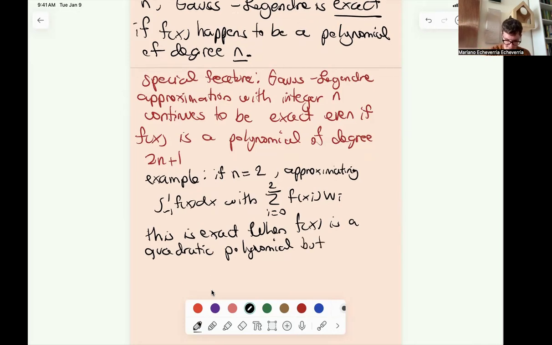2n plus 1 is in this case 2 times 2 plus 1, which is 5. So in fact, this approximation continues to be exact up to degree 5.